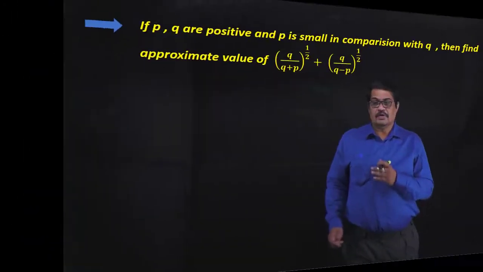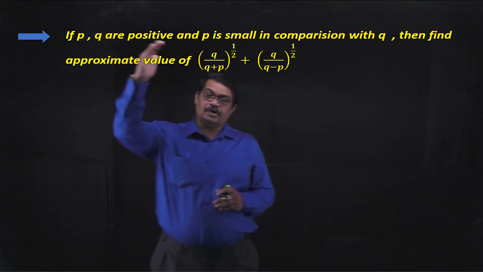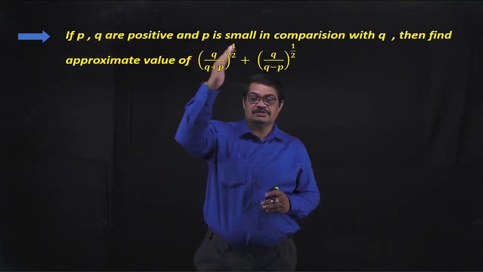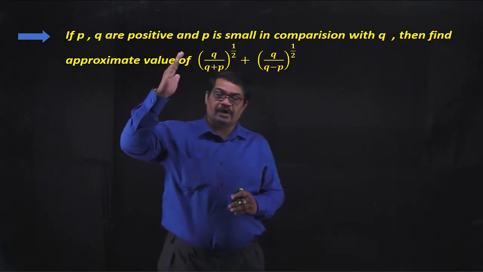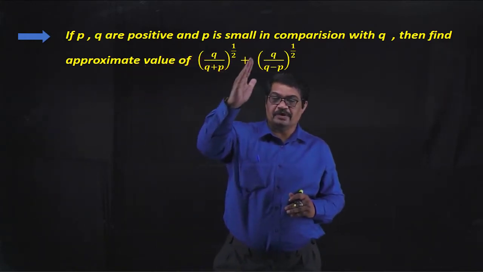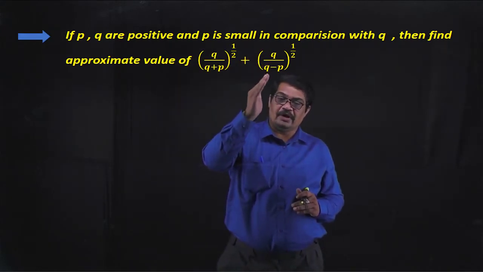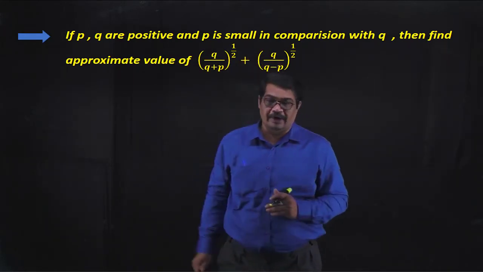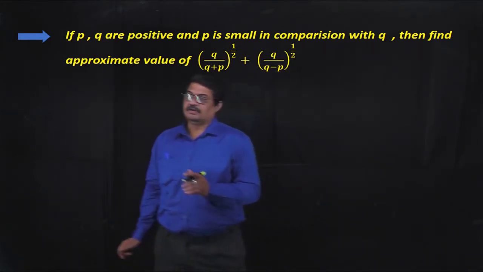Okay, see the problem. If p, q are positive and p is small in comparison with q, then find the approximate value of q by (q plus p) whole power 1 by 2 plus q by (q minus p) whole power 1 by 2. So we have to find the approximate value for this given expression.